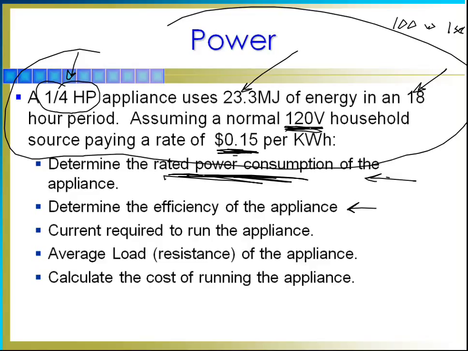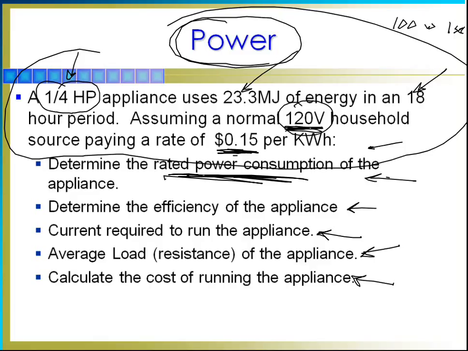Of course, since we can determine the rated power consumption of the item, and we know the voltage source for the item, we can find out what the current rating for the item is. Since we can determine the current rating, we can also determine what the average load or what the resistance of that appliance is. And of course, in the end, we'll be able to figure out how to calculate the cost of running that item. All from knowing the equations that go into power.